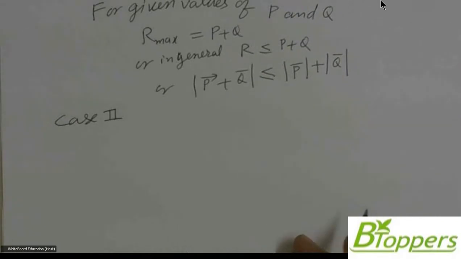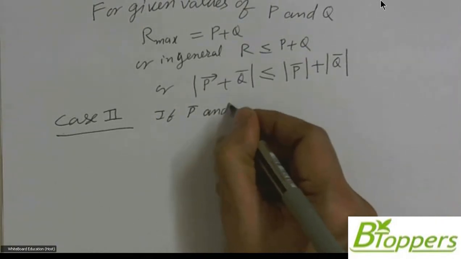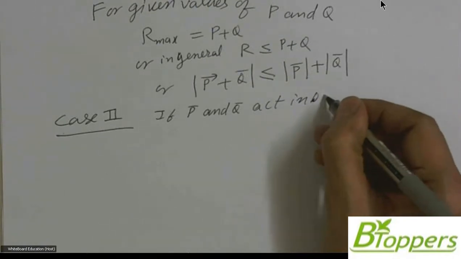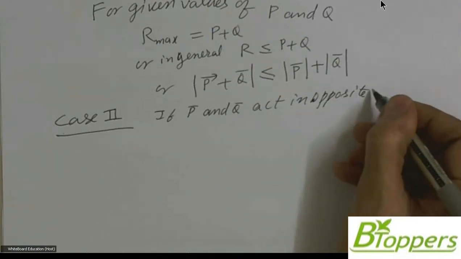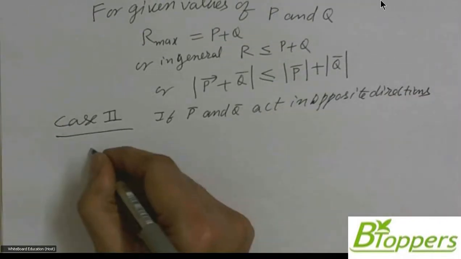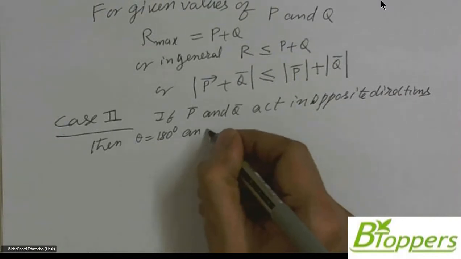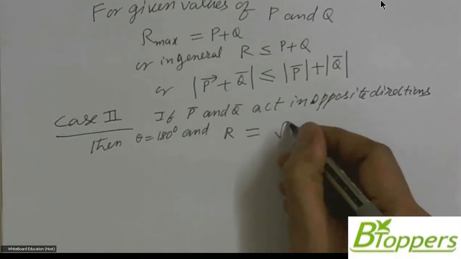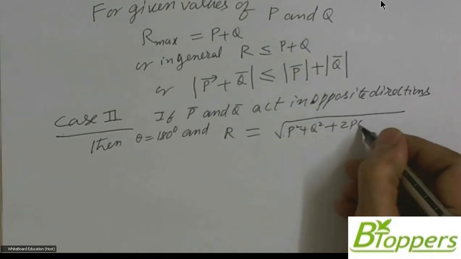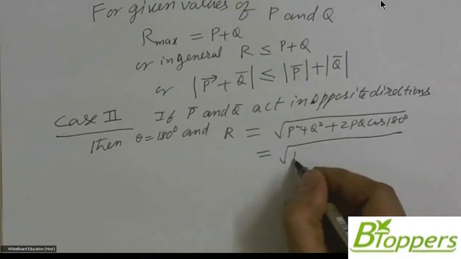So coming to the case 2 here, if P bar and Q bar act in opposite directions, then theta equal to 180 degrees and R equal to root of P square plus Q square plus 2PQ cos theta. Theta is 180 degrees. The value of cos 180 degrees equal to -1.